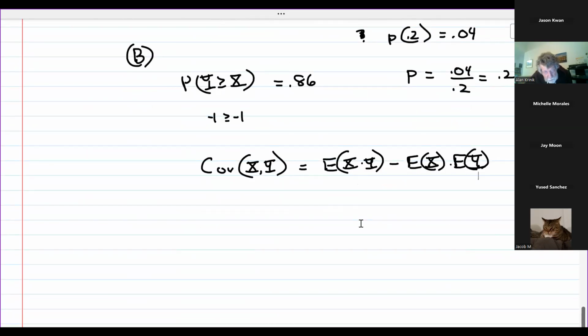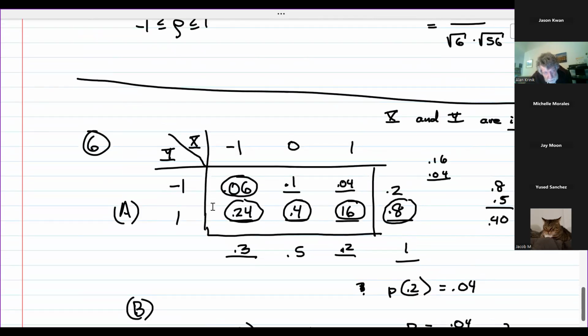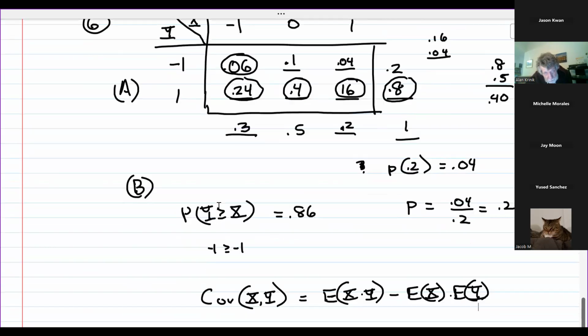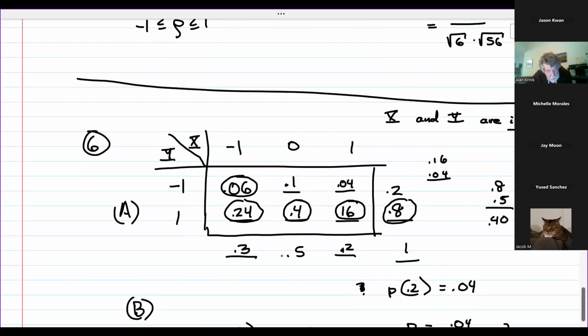Okay, now what? How do you find each of these? Well, maybe it's easier to find the expected value of X and expected value of Y just by using the marginal tables. So how would that look? The table for Y, for example, Y takes on the values of -1 and 1. The probability that Y takes on these values turn out to be 0.2 and 0.8.